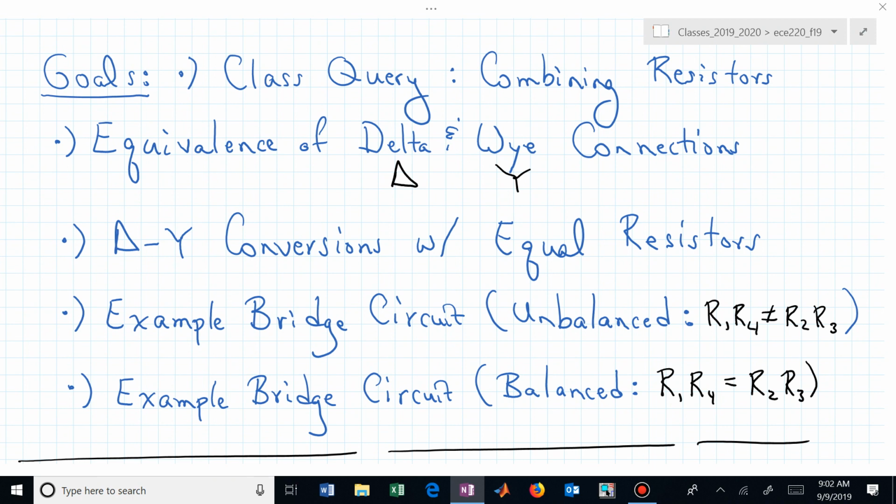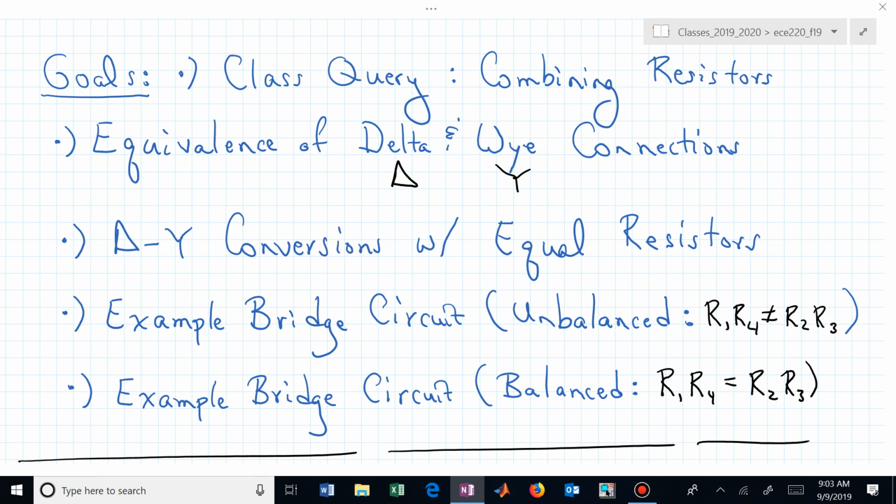Then we'll look at the special case where the delta or Y have equal resistors in all the locations, and then that gives us a very easy way to transform from delta and Y. And we'll look at a couple of bridge circuits. One that's unbalanced, and we'll talk about what that means for a bridge circuit to be balanced, and look at the second one where it is balanced.